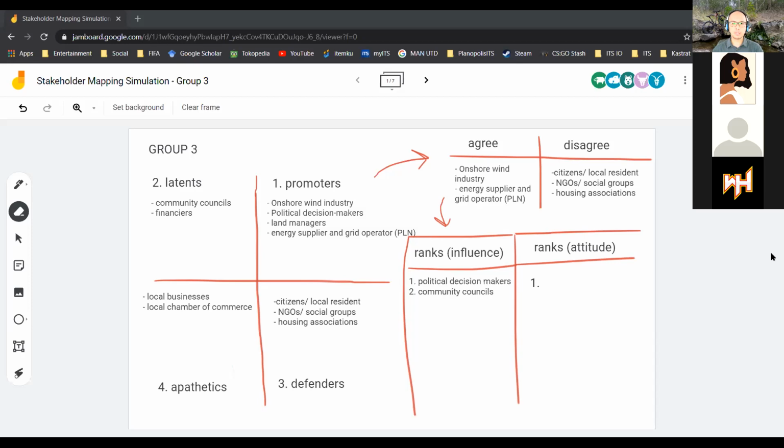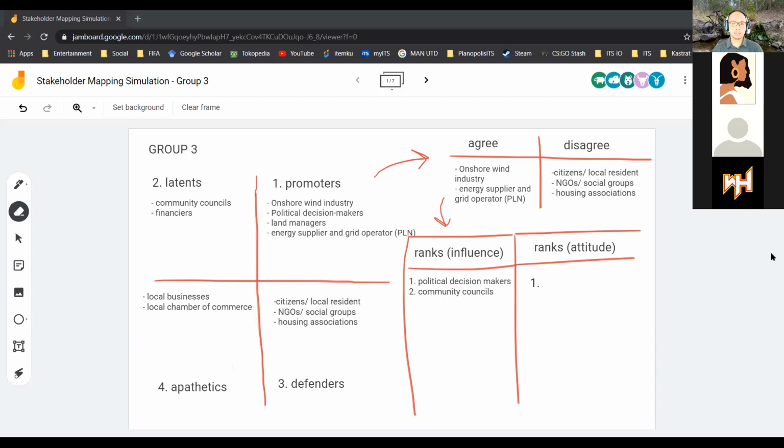In some cases, they might be here. In other cases, they might be down there. So it's really all very flexible.